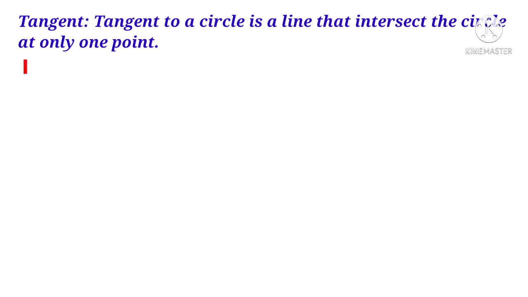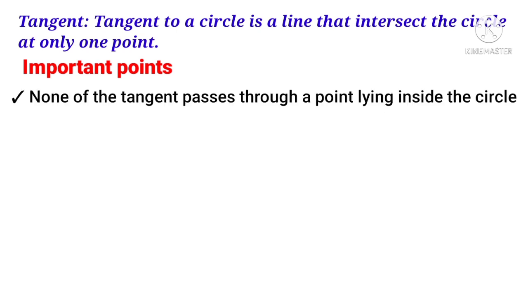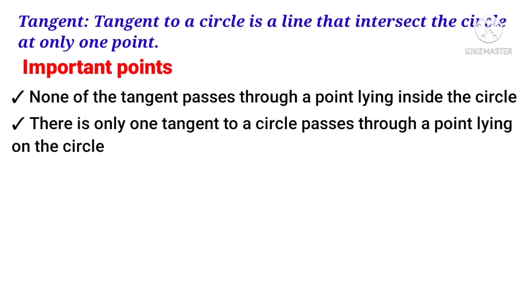Here I have given some important points for your examination. The first point is none of the tangents passes through a point lying inside the circle. It means that you can't draw a tangent if a point is inside the circle. Second, there is only one tangent to a circle passing through a point lying on the circle.